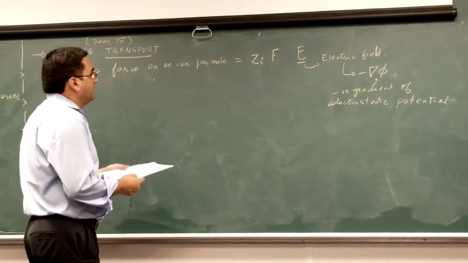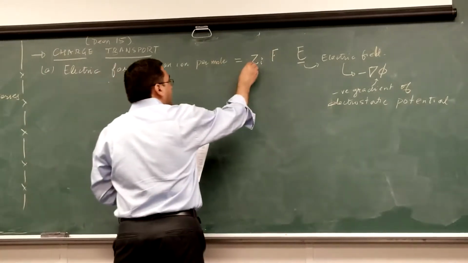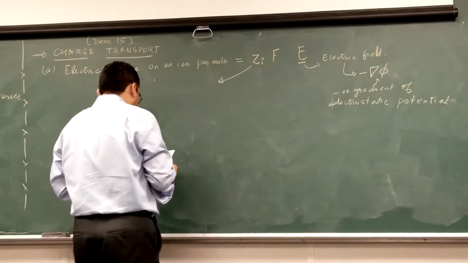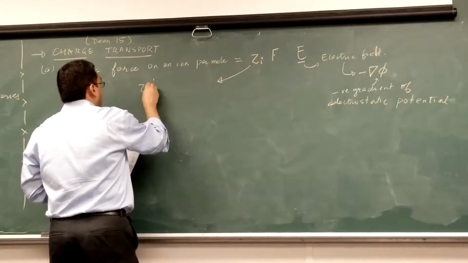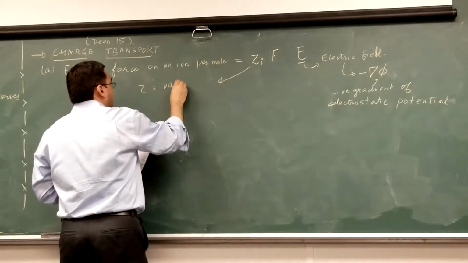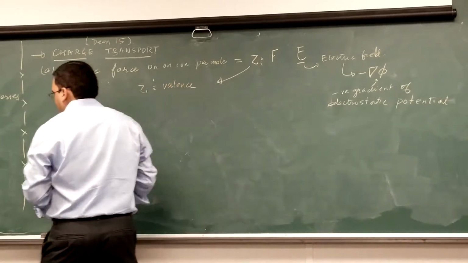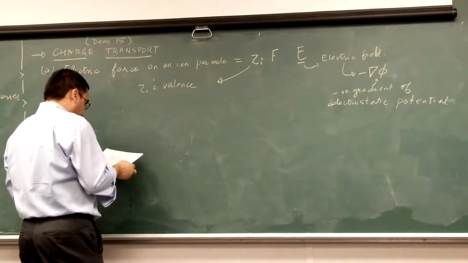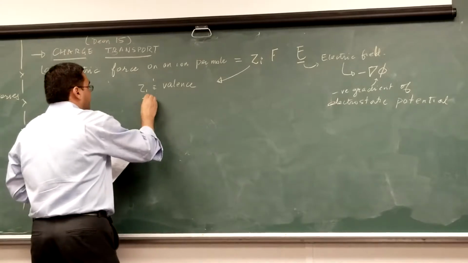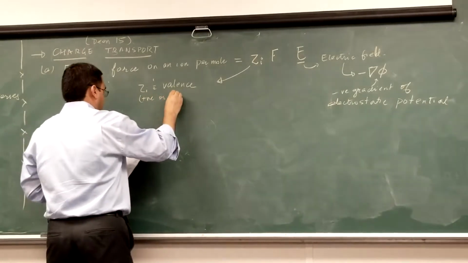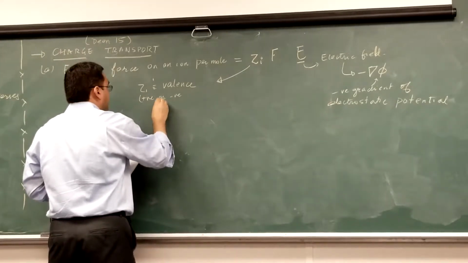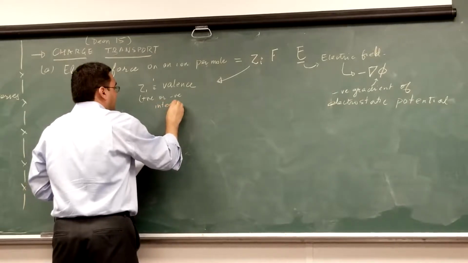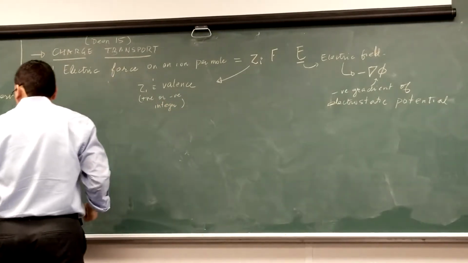And so among other quantities here, this Z_i is the valence. So you can have things like sodium that has +1, chloride that has -1. So that is a positive or negative integer. It tells you what charges you have and what their sign is.